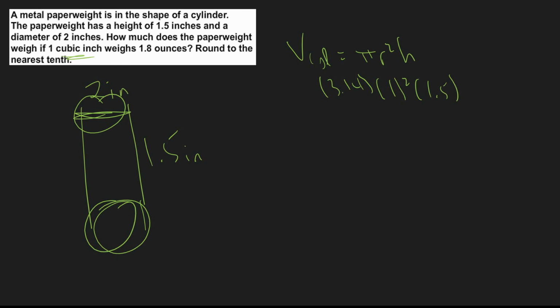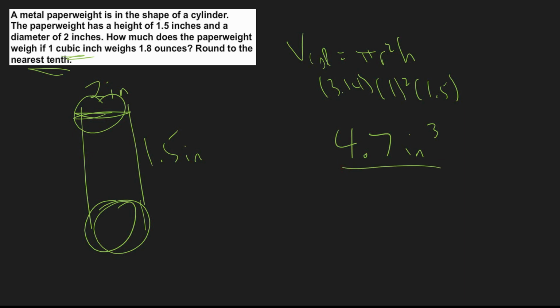And I'm going to find out that that's going to be 4.7 cubic inches. Now, if you're following along and actually doing the problem like you should be doing, you'll be going, Mr. Hossein, but the answer in my calculator says 4.71. But remember, nearest tenth, so I'm going to stop at that first decimal place and round down because the 1, in 4.71, is less than 5. So my answer is 4.7 cubic inches.